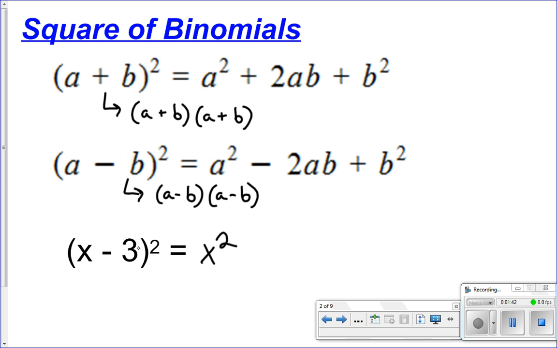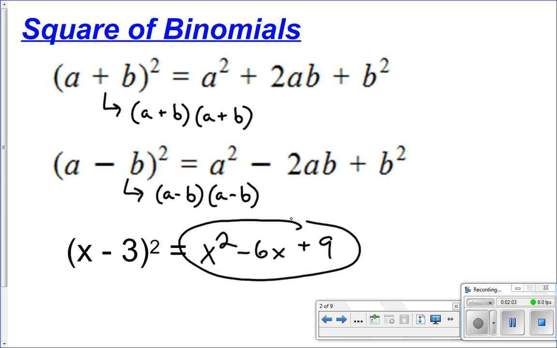So 3 is my b, x is my a, so it's minus 2 times 3 times x, so it's minus 6x, and then plus b squared, so it's plus 3 squared or plus 9. And it's just following a formula. Again, if you don't want to use this, that's perfectly fine. You could always just work it out with the FOIL method.